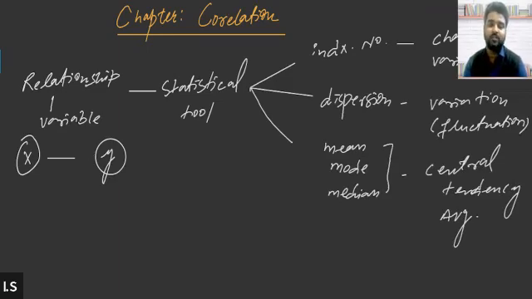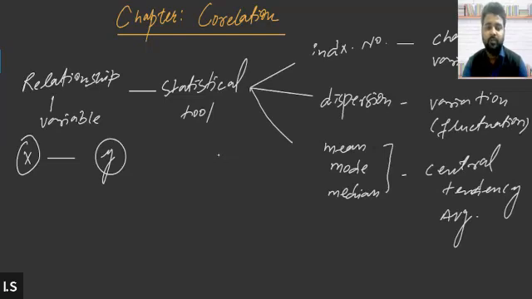So correlation is nothing but a statistical tool, just like index number, dispersion, and every other tool, but the use of this tool is to determine the relationship between variables. And what do we mean by relationship?